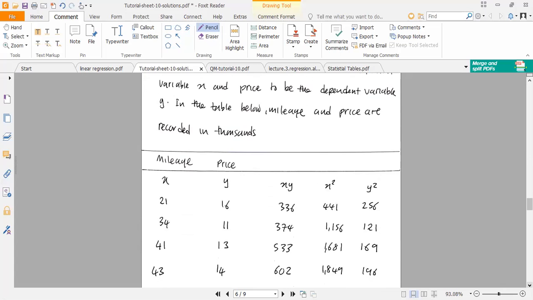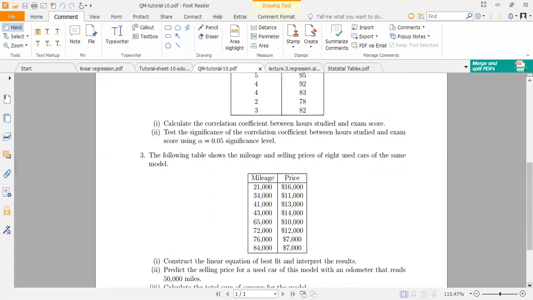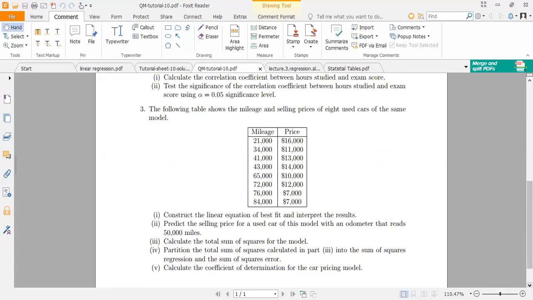I'll take you through another question where we'll be asked to test the difference between mileage and the price. Here, we're going to look at 3 key things. Number 1, how to come up with a regression equation. Number 2, how to use a regression equation to predict.